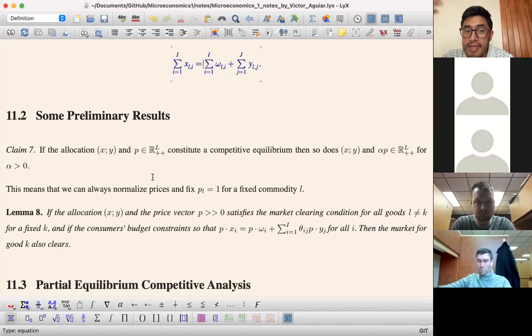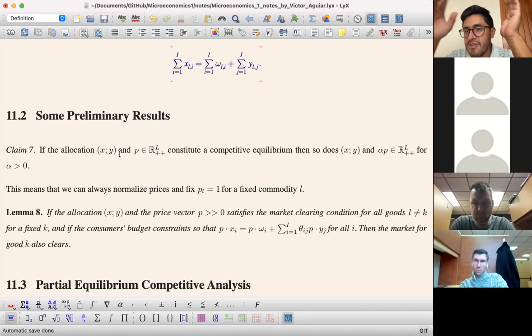So mathematically, this means that if the allocation X and Y, again, Mas-Colell notation alert, now Mas-Colell collapsed this big matrix into this very economic notation: parentheses, X, which is a matrix, semicolon, Y, another matrix, stacked together, the bigger matrix of capital I plus J columns with L rows.